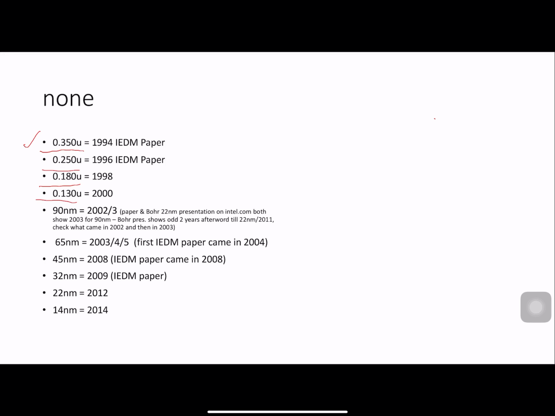But despite all the skepticism that there is no way you can go further down, it's amazing how engineers and scientists are able to find a way of making these transistors smaller and smaller.